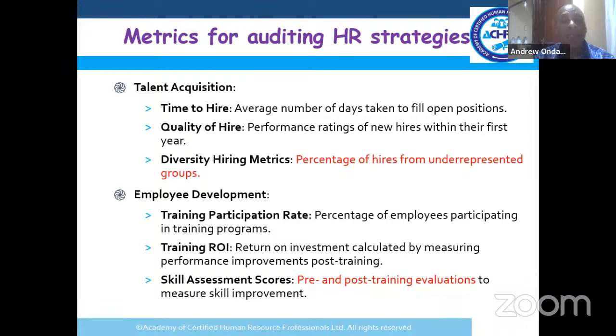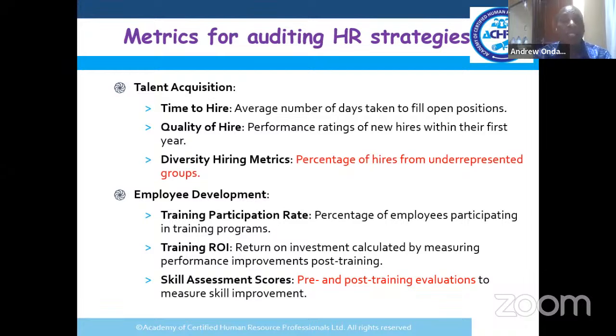Number three, on employee development, what are we measuring? We are measuring the skills before and after training. Before a training, probably people are lacking certain skills like communication or leadership skills. Without these skills, employees are not likely to perform well.